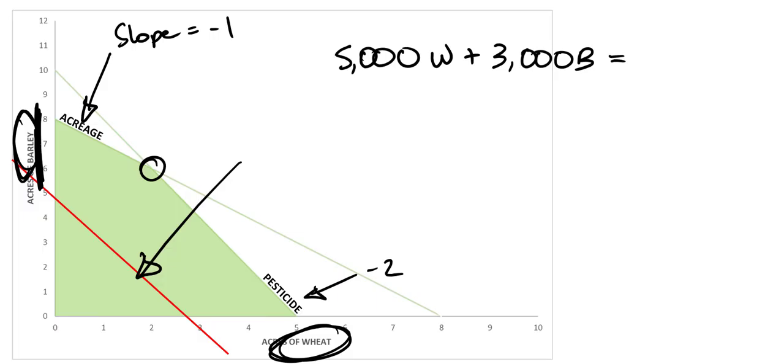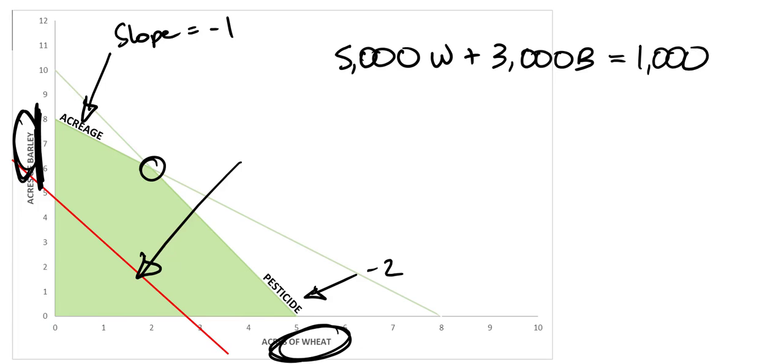Previously, to graph it easily, we chose a value of 15,000, but you can choose anything you want. It really will not affect anything. Whatever value you choose here will have zero impact on what the slope will be for this line. The only impact it will have is on what the y-intercept would be. So even if I chose, say, 1,000 here, or 1 or anything, I'm going to end up with the same slope.